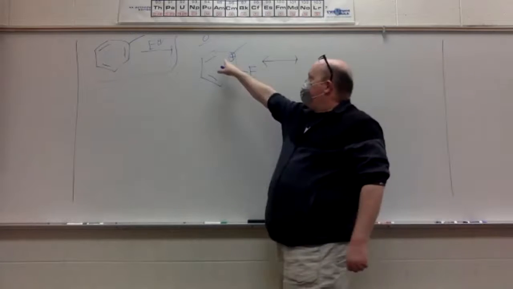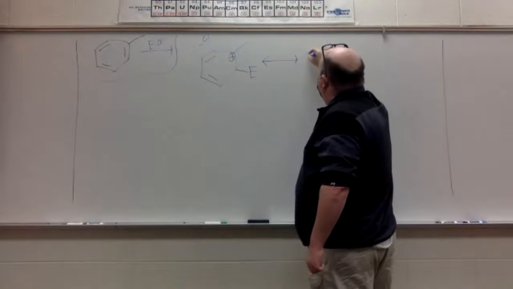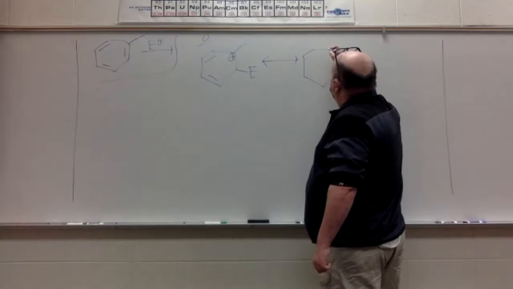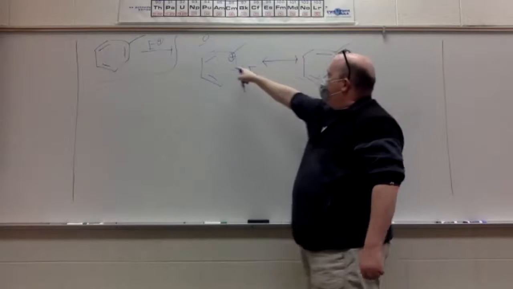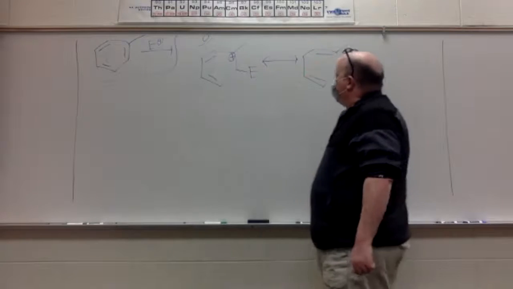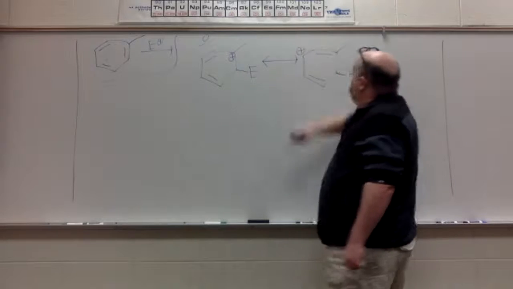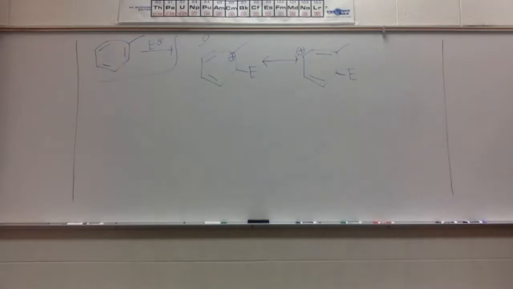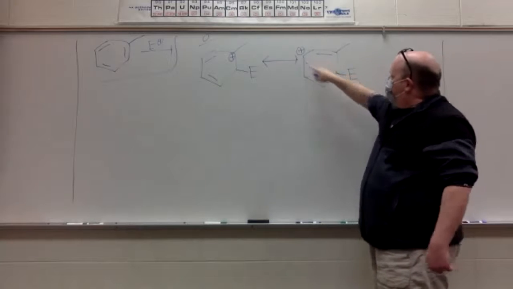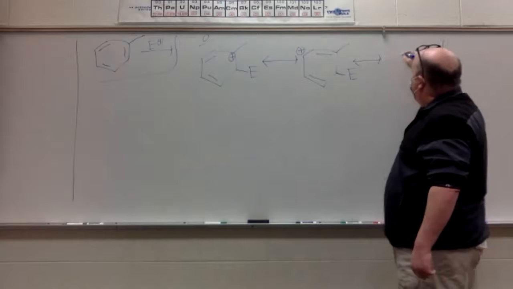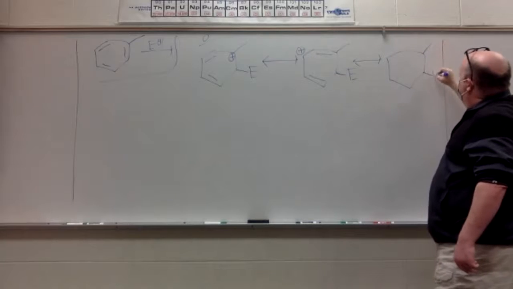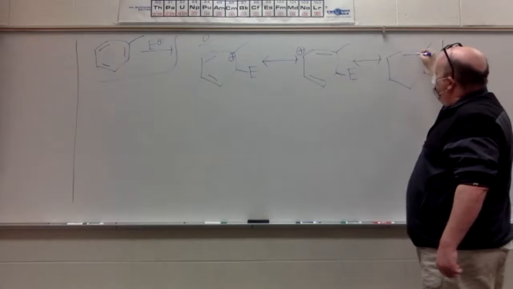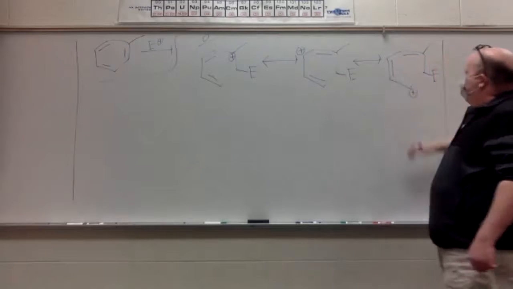Pi bonds at the top, right? Try to satisfy the charge. So this pair of electrons would swoop over here, leaving a positive charge at that carbon. And you keep doing the merry-go-round, right? This pair of electrons could swoop in over here, and give you that one.